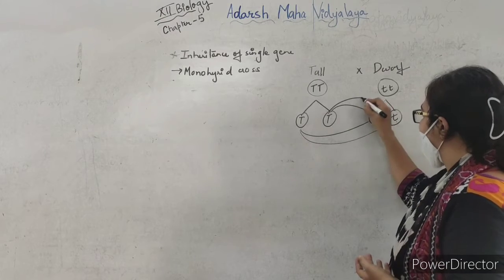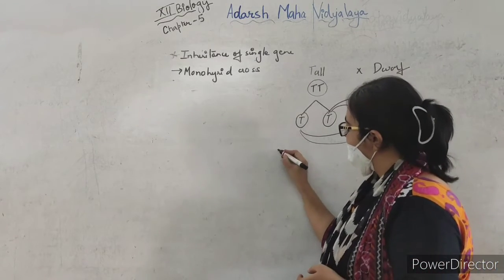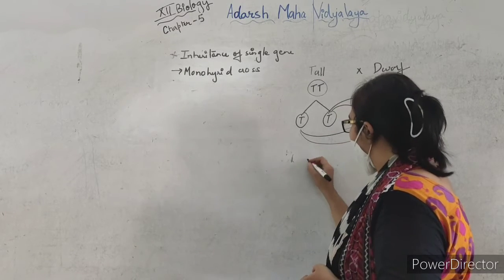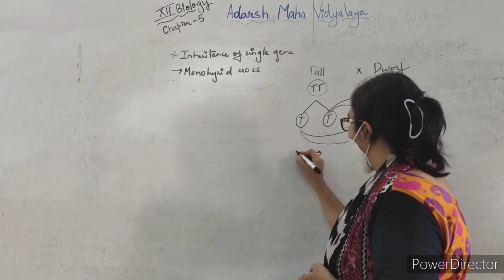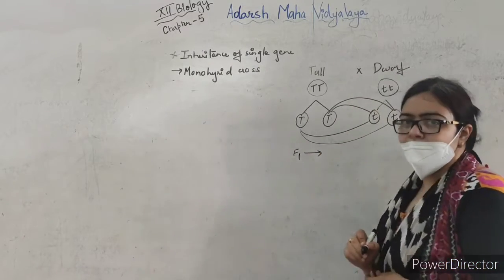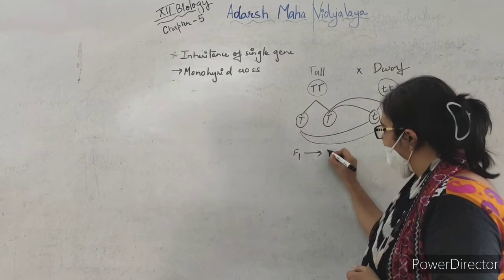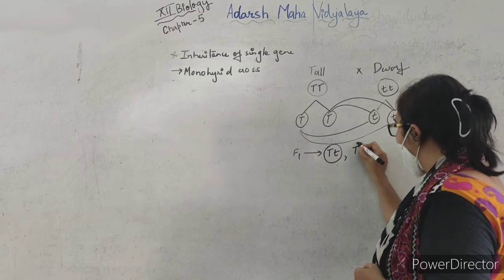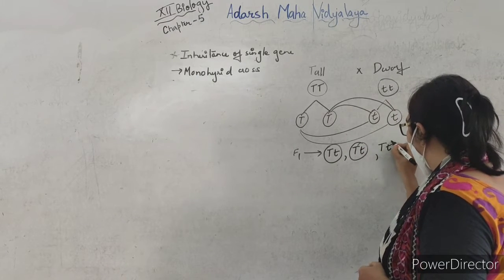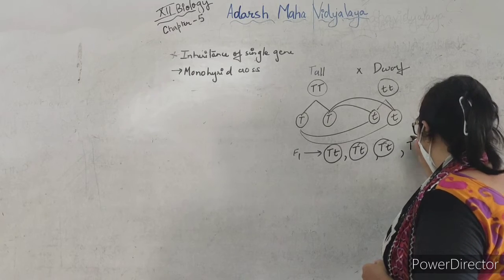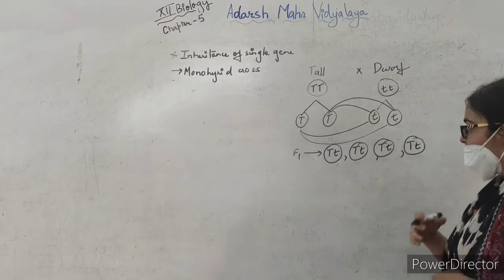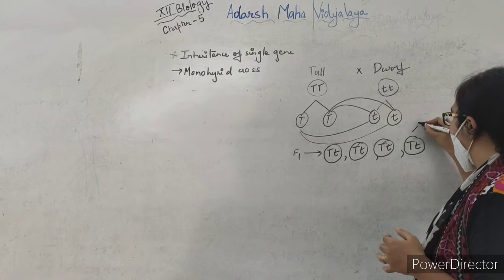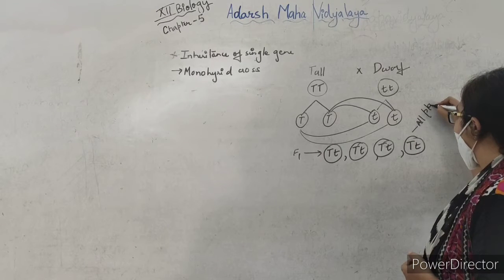So in the F1 generation, all the plants were having this combination, capital T small t, capital T small t, capital T small t, and capital T small t. And the phenotype, that is the observable character of these plants, was that they all were tall.